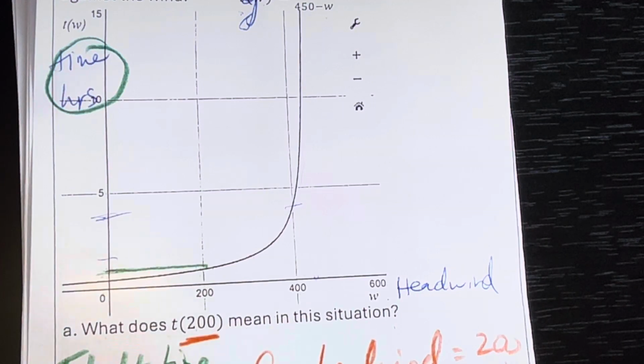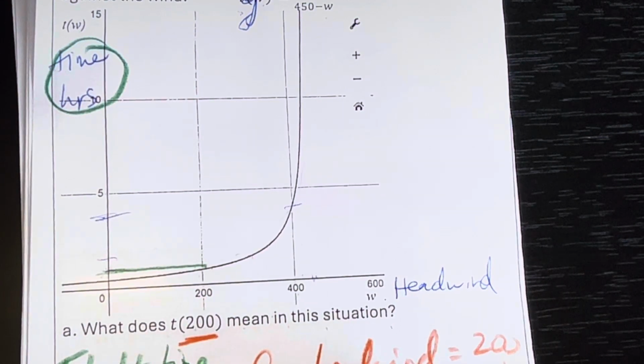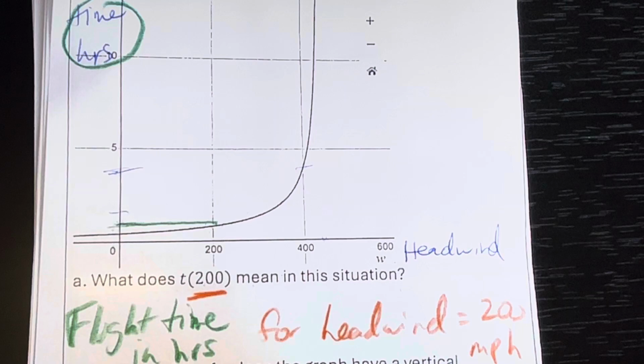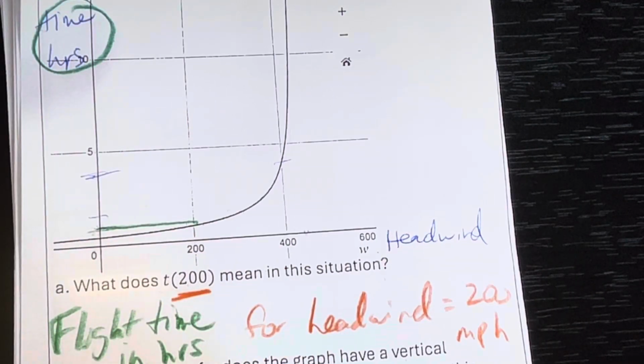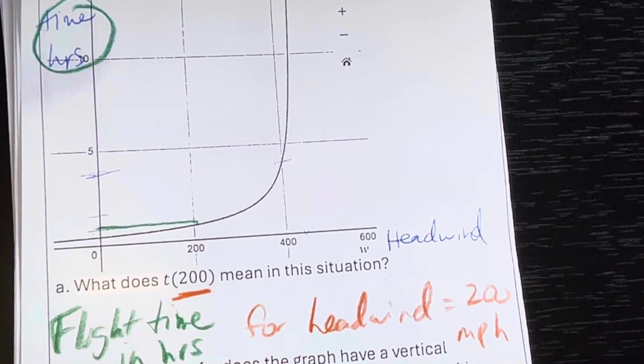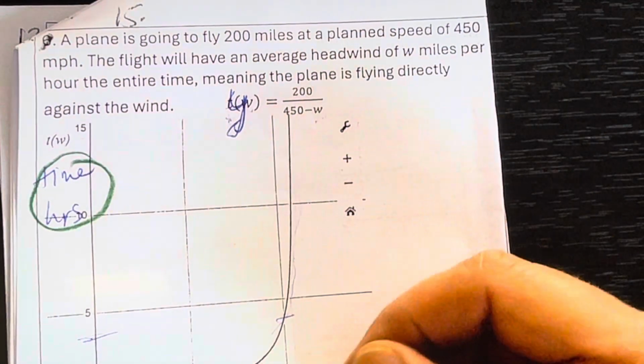Okay. At what value of x does the graph have a vertical asymptote? Explain what this asymptote means in the situation. Okay? So you can see that we get the vertical asymptote, the line that cannot be touched, somewhere around here.